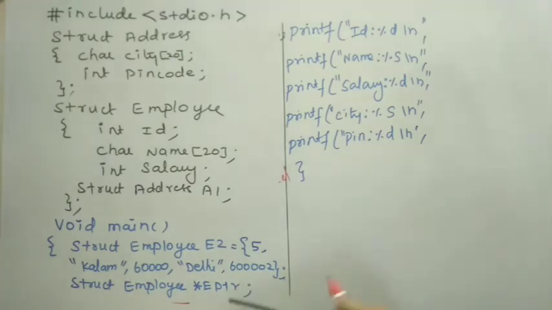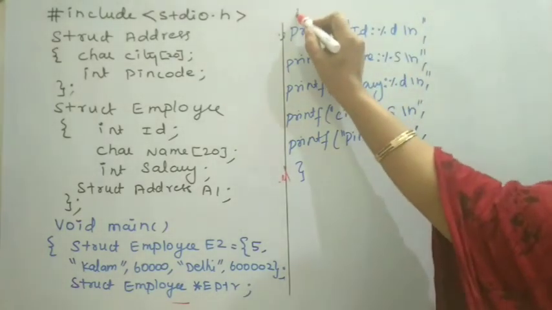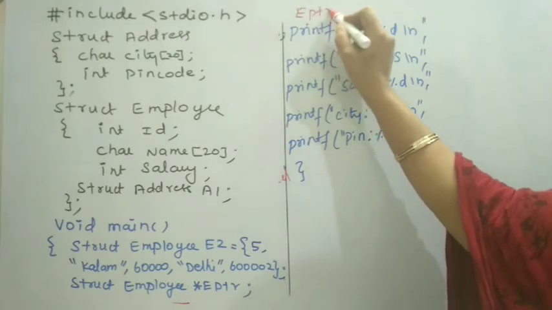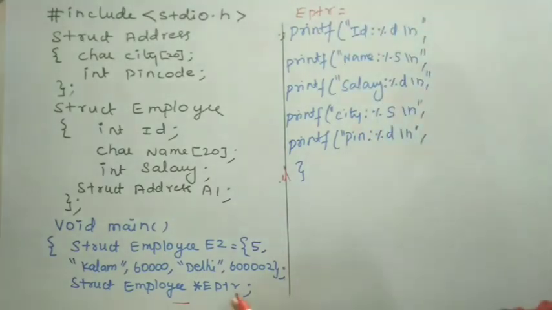I need to initialize a value for this EPTR. Okay, so EPTR is going to contain a memory address. Whose memory address can be assigned to this pointer variable? The memory address of a variable of this structure, that is, a structure variable of the structure employee. Which one is the structure variable for this structure employee? E2. E2's memory address can be assigned to EPTR.